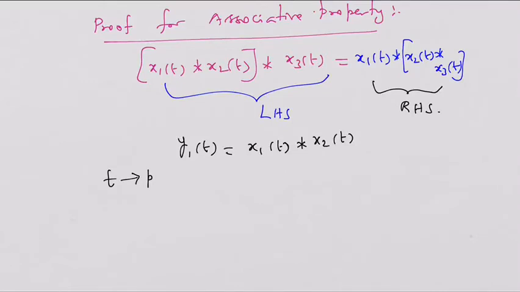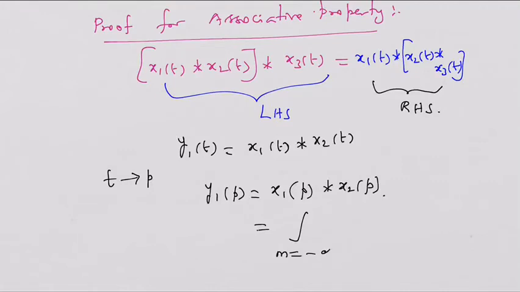So now the equation becomes y1 of t is equal to x1 of p convolved with x2 of p. According to the formula, where we need to introduce a dummy variable, m varies from minus infinity to plus infinity, x1 of m, x2 of p minus m. Notice it is integrated with respect to m alone.